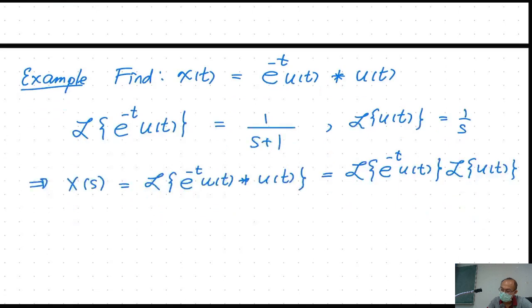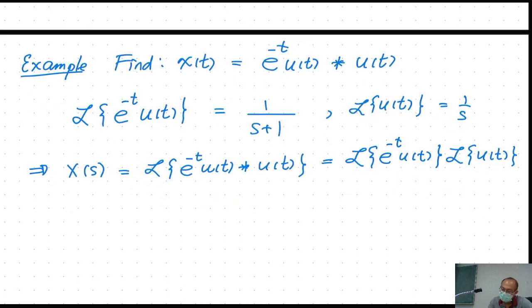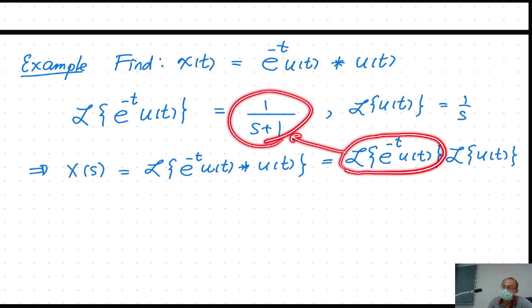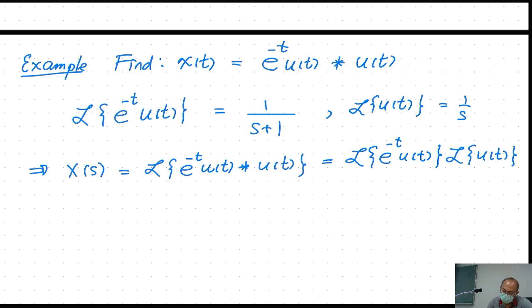But then the Laplace transform of e to the negative t u(t) is just 1 over s plus 1. So we have 1 over s plus 1, and the Laplace transform of u(t) is 1 over s, and this is equal to 1 over s minus 1 over s plus 1.